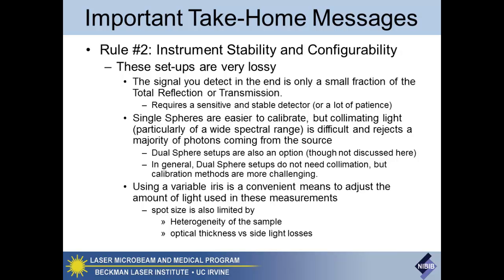Also, using a variable iris or aperture to control your beam diameter has advantages, because spot size also affects your side light losses. You would typically want a smaller spot size. Smaller spot size means less light, which means weaker signals. So there's always a compromise between how much light you can shine through versus how much that complicates your measurement.